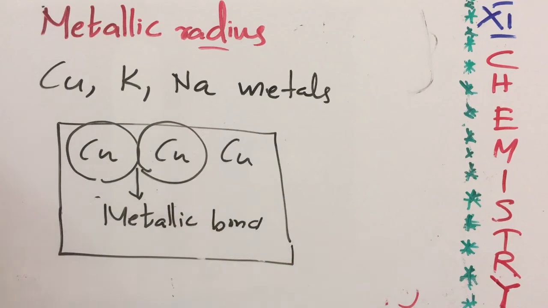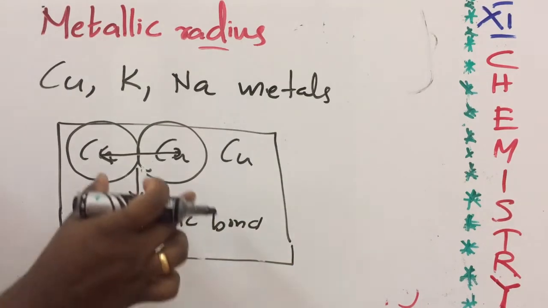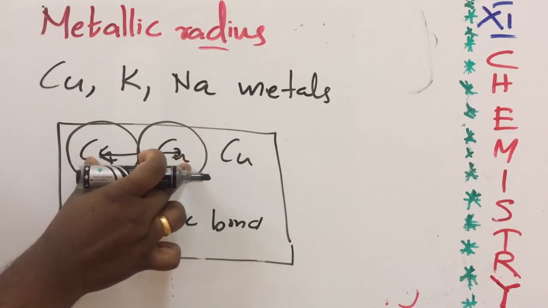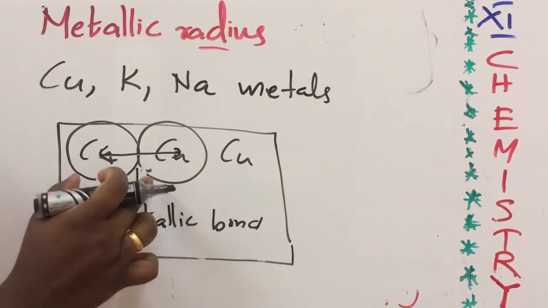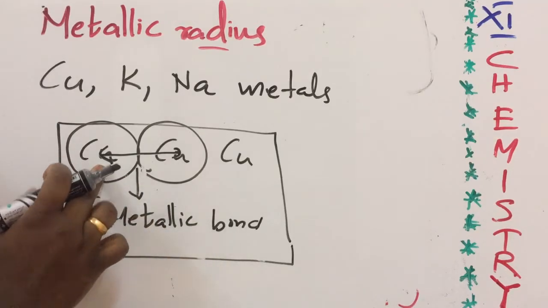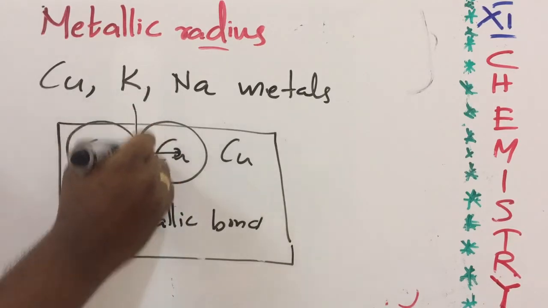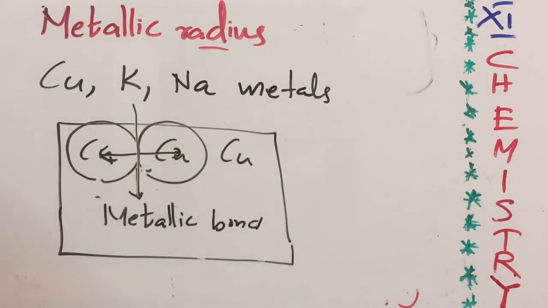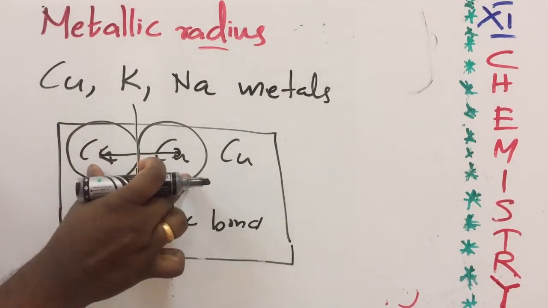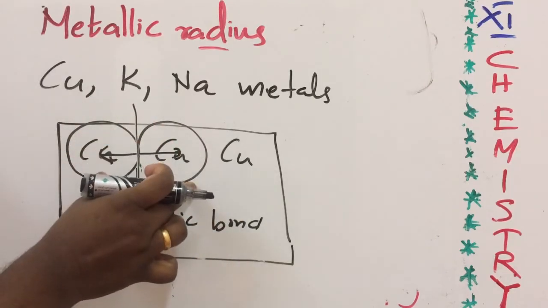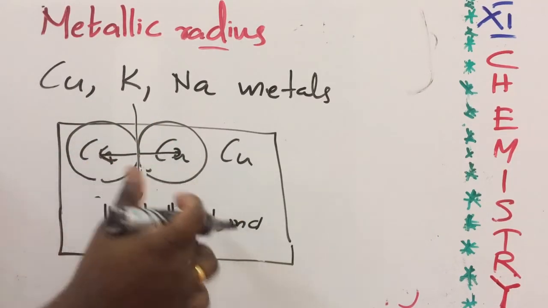Not covalent, metallic bond. So it is very clear that in metals, atoms are connected through metallic bond. Then how to find the radius of one metal? Take the internuclear distance between two spheres and take the half, just like covalent radius. But the difference is that in covalent radius, atoms are connected through covalent bond, but in metallic radius, atoms are connected through metallic bond and there is no sharing.